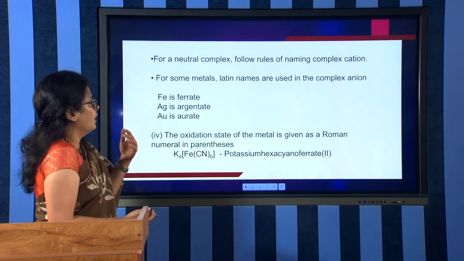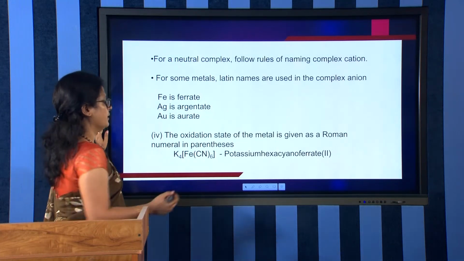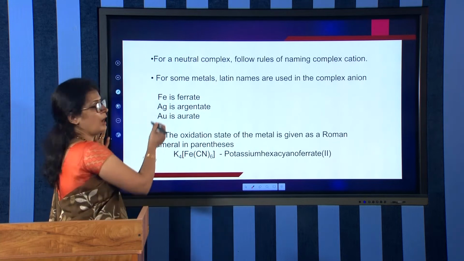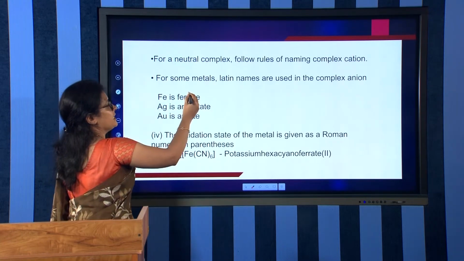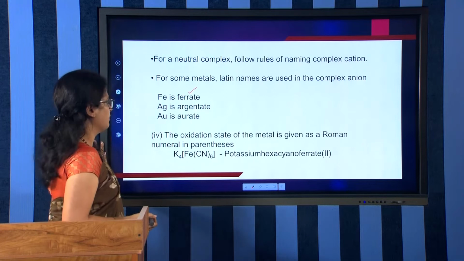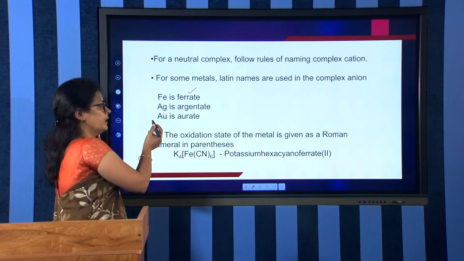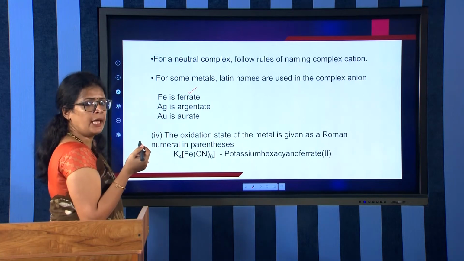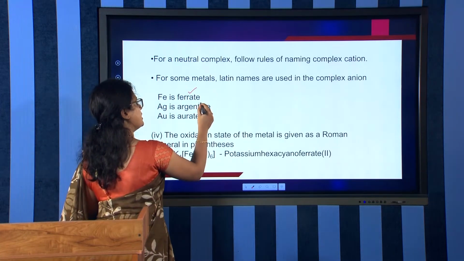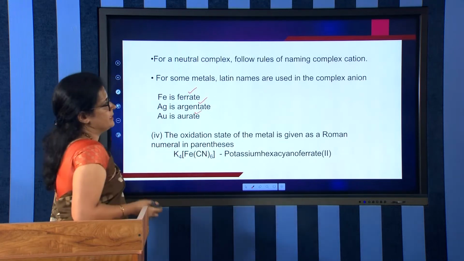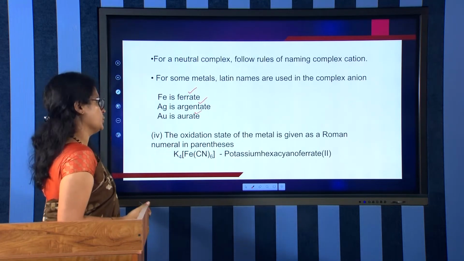For example, in the case of iron, it is ferrate. That is a Latin name. In the case of silver, it is argentate. In the case of gold, Au, it is aurate. So argentate, aurate, these are the Latin names used.